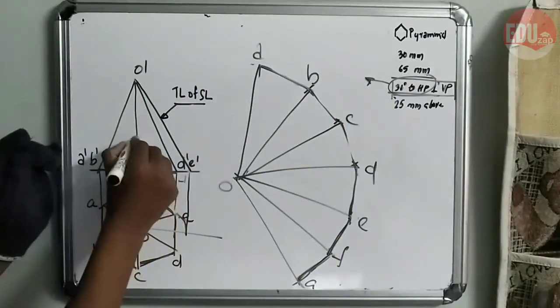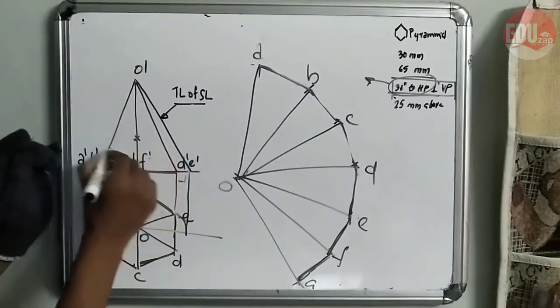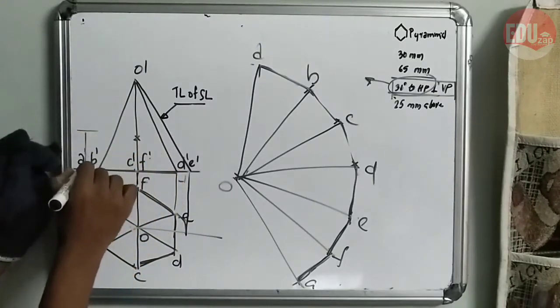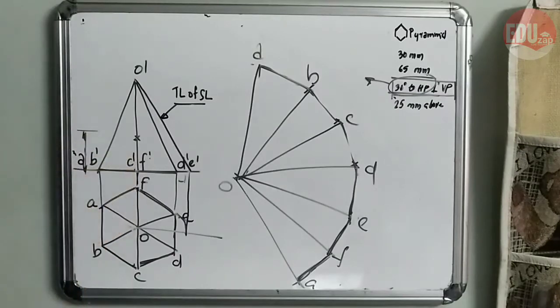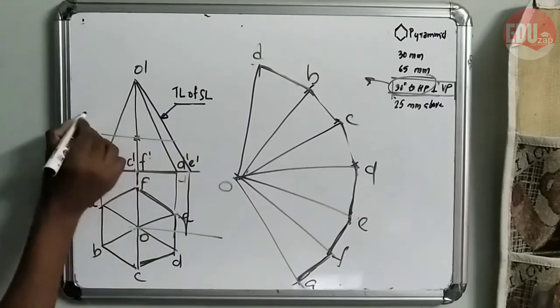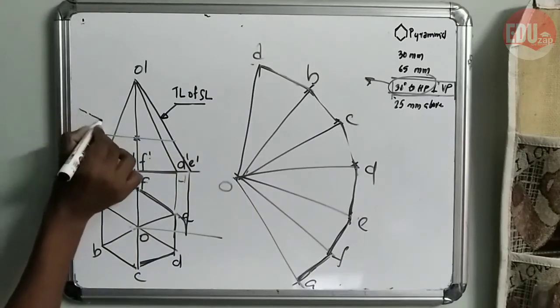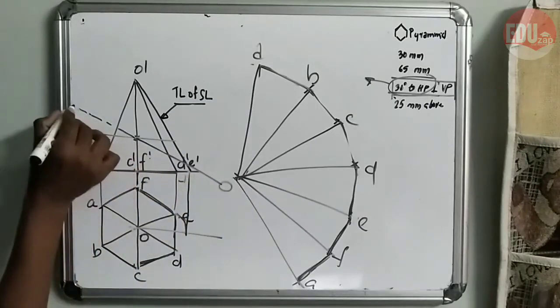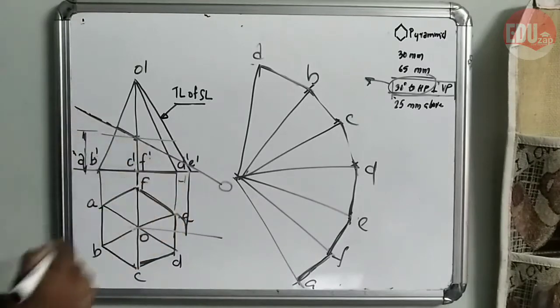So you take a point which is 25 mm above the XY line, and 30 degrees. You can take it like this.